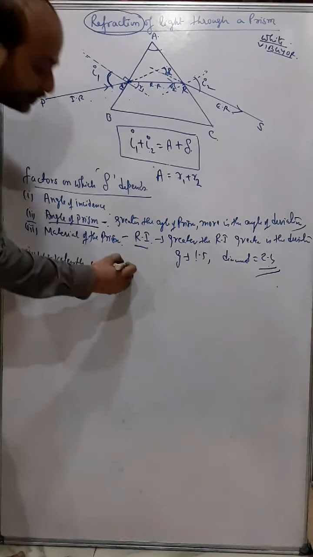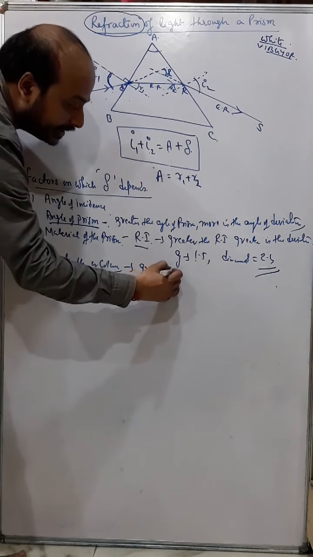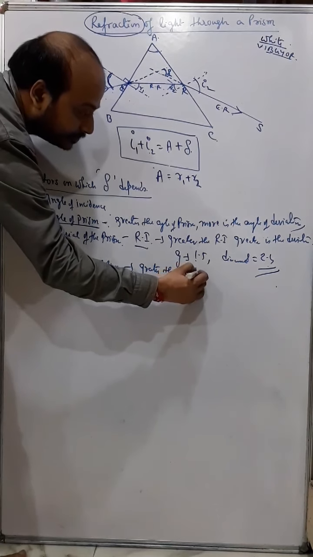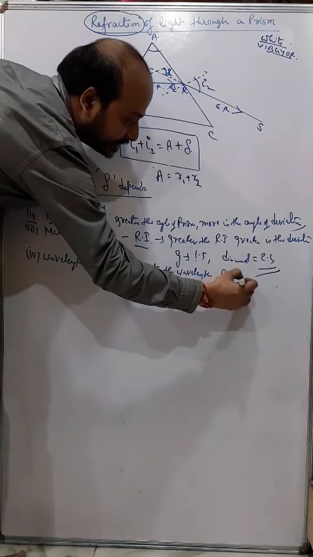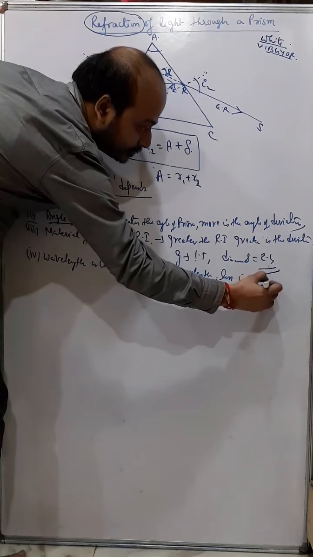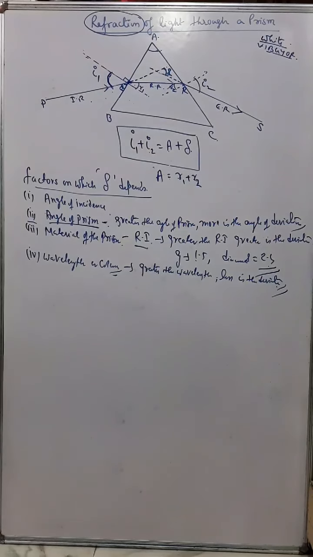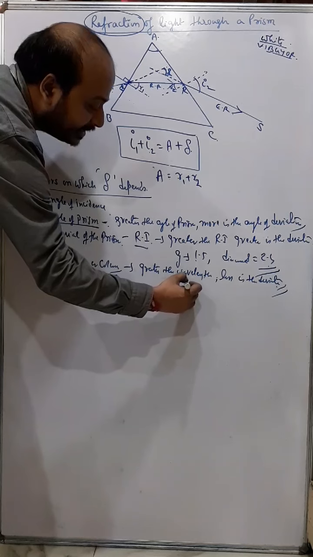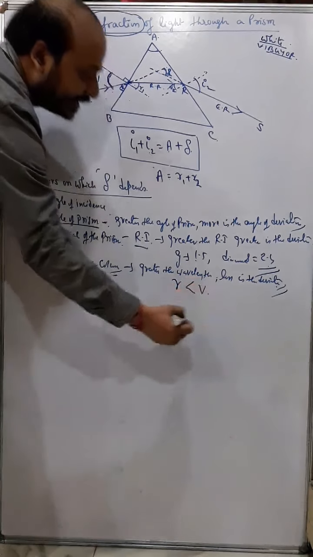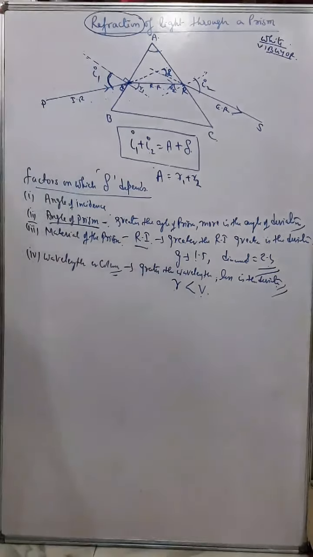Now greater the wavelength, less is the deviation. So hence you can say that red light deviates least, red deviates less than violet. So violet light deviates most, red light deviates least.